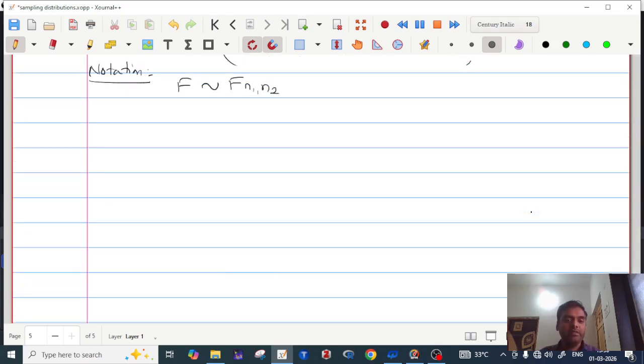Okay, now let's see its characterization: mean and variance. If f follows F with n1 comma n2, then its mean is n2 upon n2 minus 2, where n2 is greater than 2.